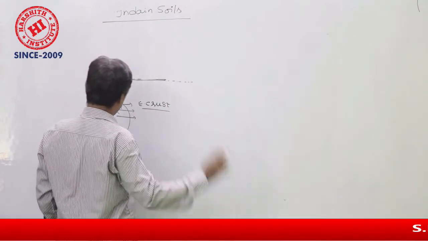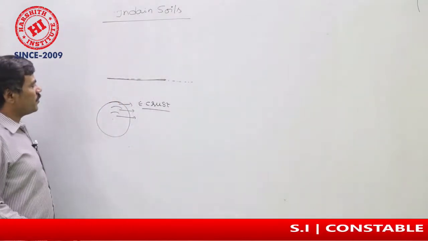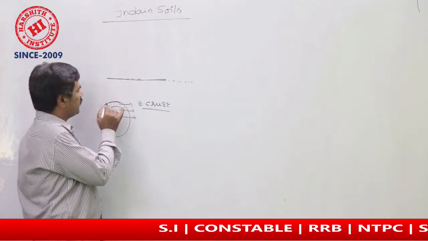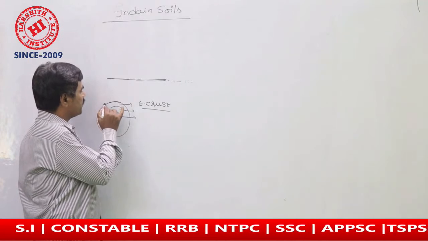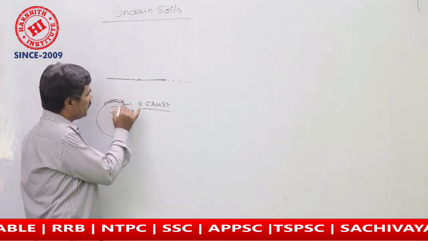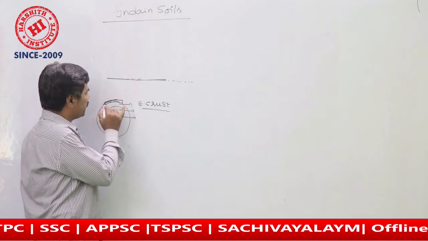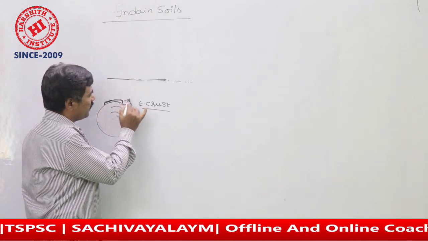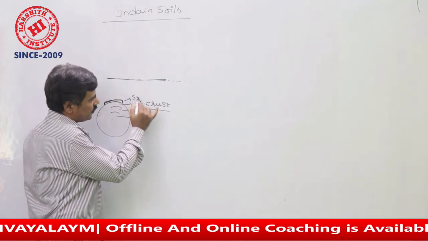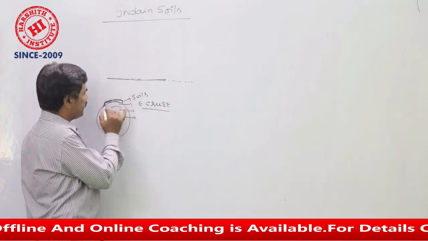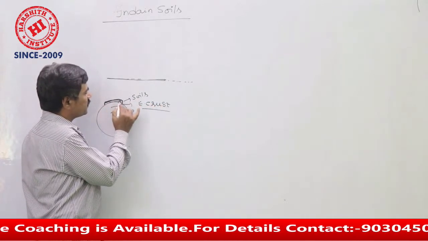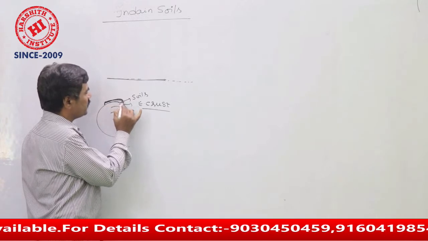On top of the earth crust, a layer some centimeters thick is called soil. This soil is on the rock surface, on the continental body.